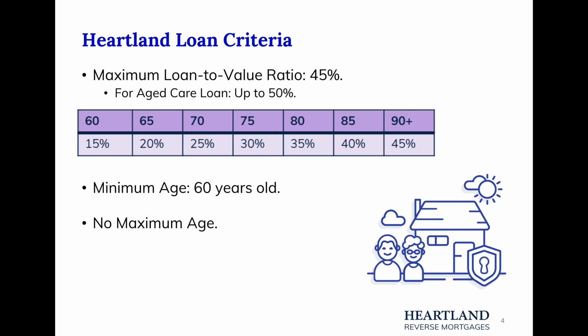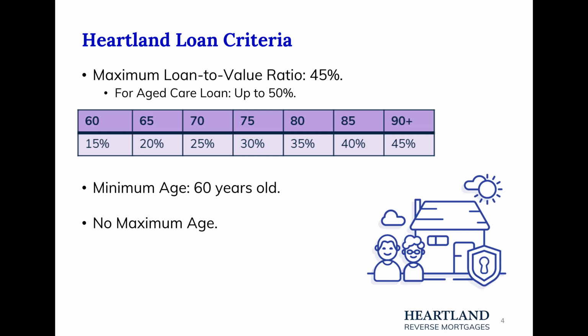I think it's also important to mention that if we have a borrower who's over the age of 60, and then they also have a partner who's under the age of 60, but also over the age of 55, so between the ages of 55 and 59, we can consider on a case-by-case basis to lend to these two borrowers.